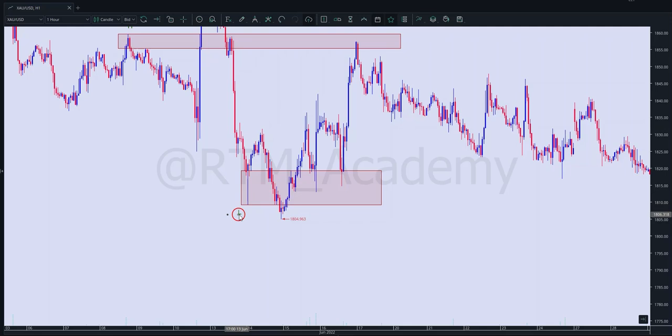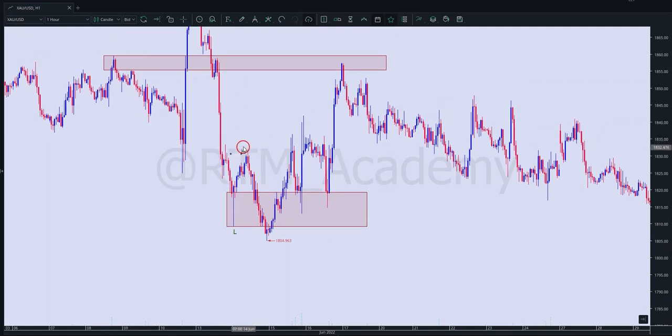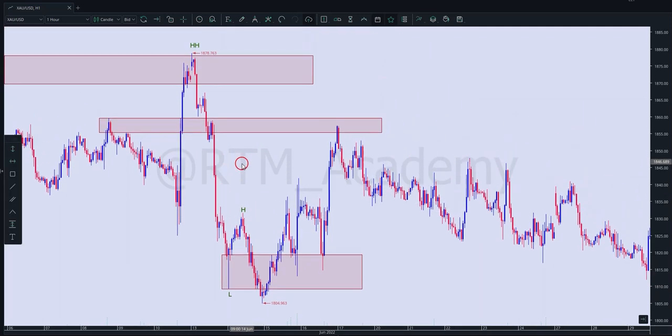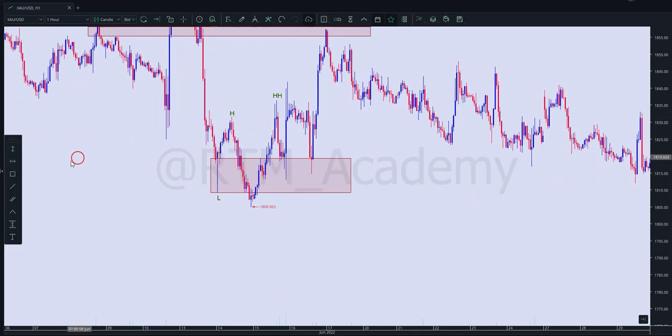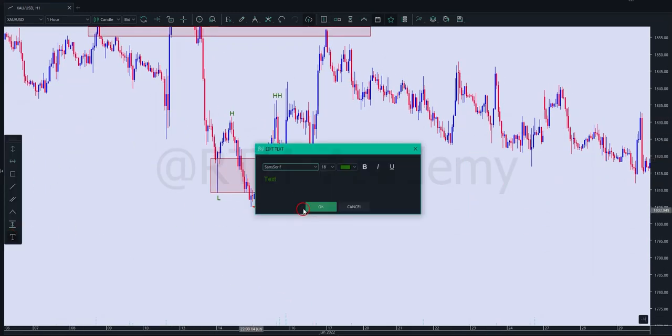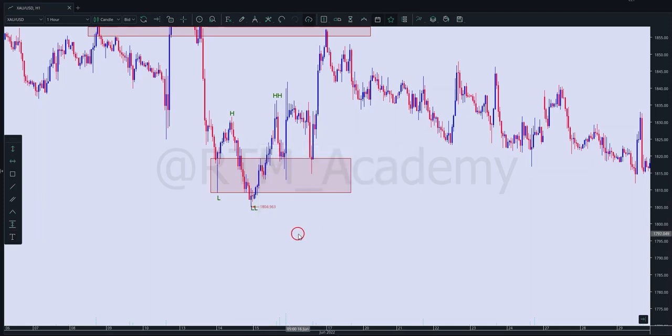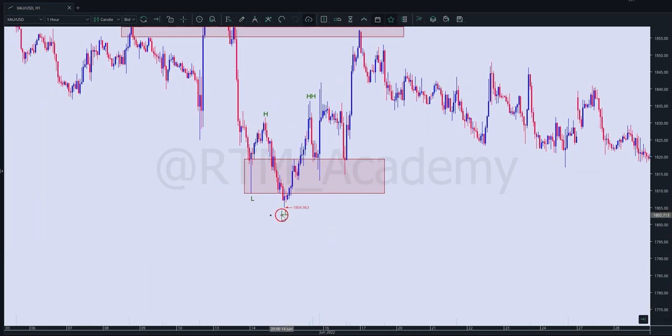Let me show it to you. It is a low, high, and it is lower low. So it's low, high, lower low, and higher high, and it is also a QM level.